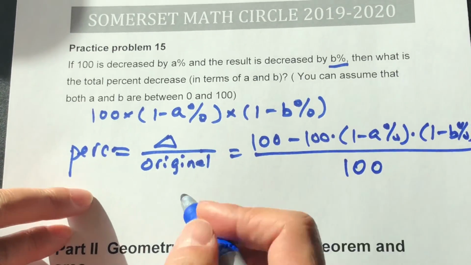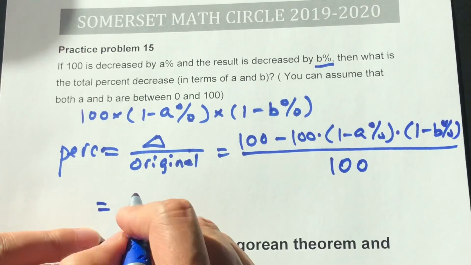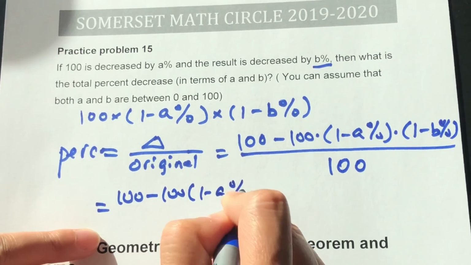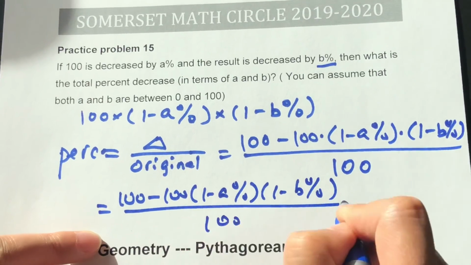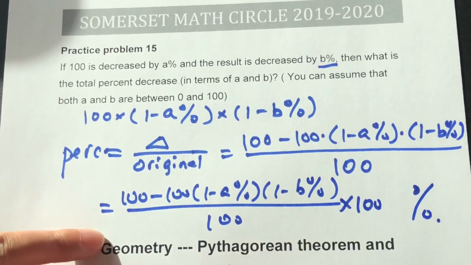Percentage, again, we will multiply this number by 100. And that's the percentage, and this would cancel.